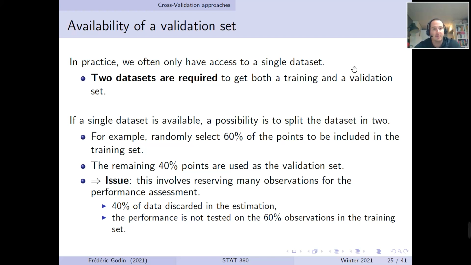That's a bit unfortunate, because when you try to either train your model or assess its performance, you'd rather like to have as much data as possible to have either parameter estimates or performance assessment that is as accurate as possible.